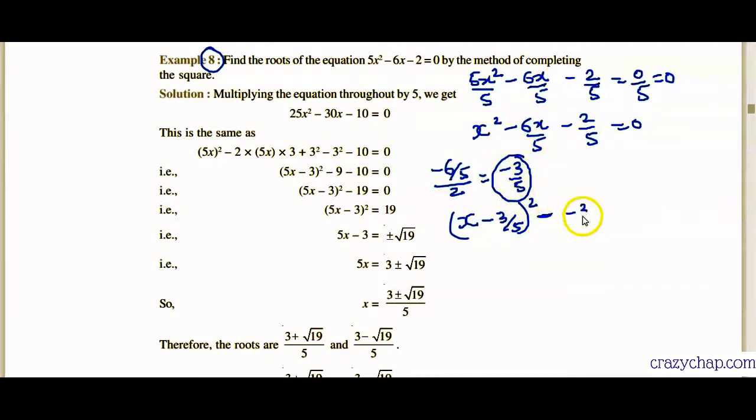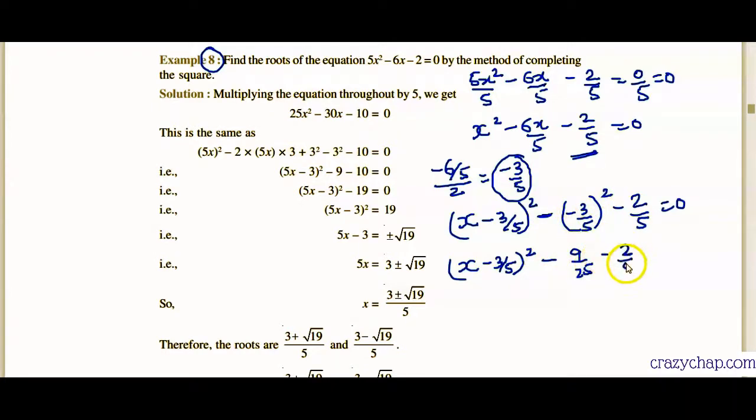So we put negative 3 over 5 square of that. And then at the end we'll write this constant value, negative 2 over 5 equal to 0. Hope it is clear. Let's simplify. So x minus 3 over 5 whole square minus negative 3 over 5 whole square will be 9 over 25. So minus 2 over 5 equal to 0.